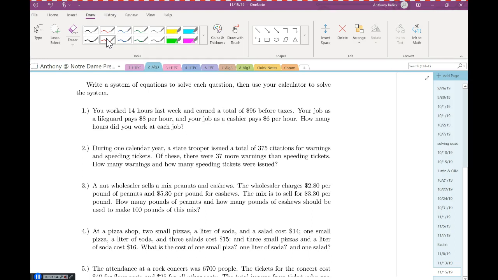So how many variables are going to be in this problem? No. Read the last sentence. 2, right? Because how many jobs do we have?